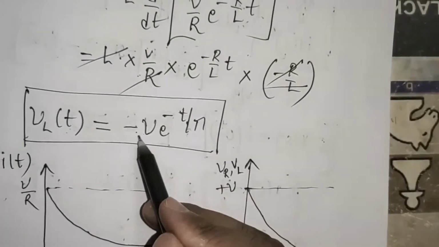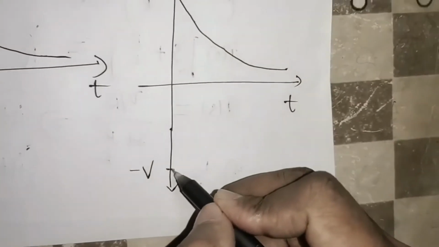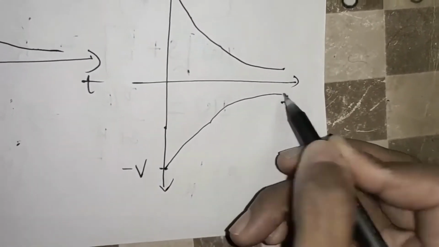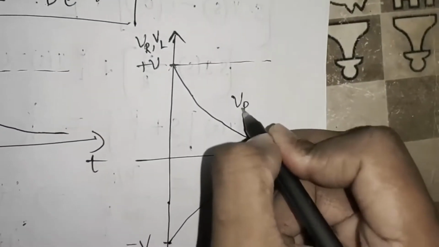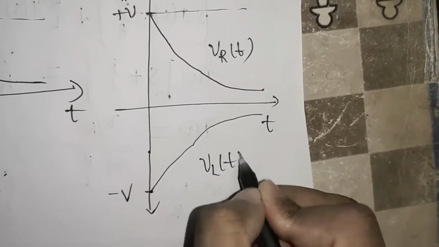And from minus V, it will approach towards 0. So this is the expression for Vr of t and this is the expression for Vl of t.